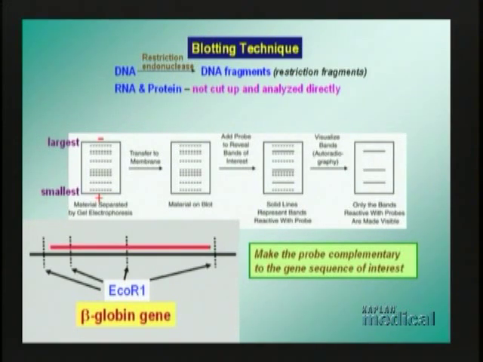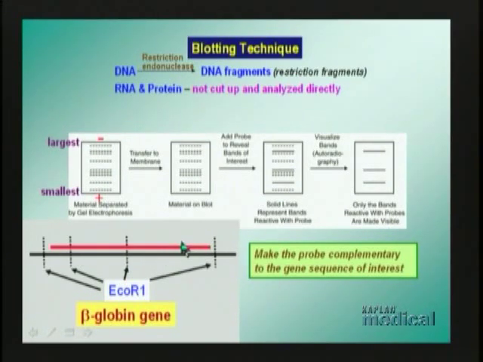So the red horizontal line represents a probe that we make in a laboratory or commercially purchase that's complementary to the beta-globin gene. Notice how this probe, this red horizontal line, will base pair with and hybridize with the small fragment from beta-globin, the medium-sized fragment from beta-globin, and the large fragment from beta-globin.